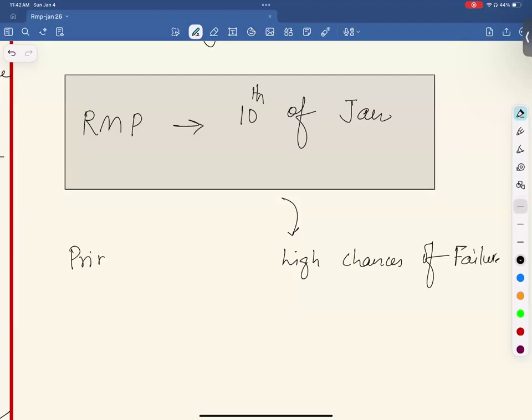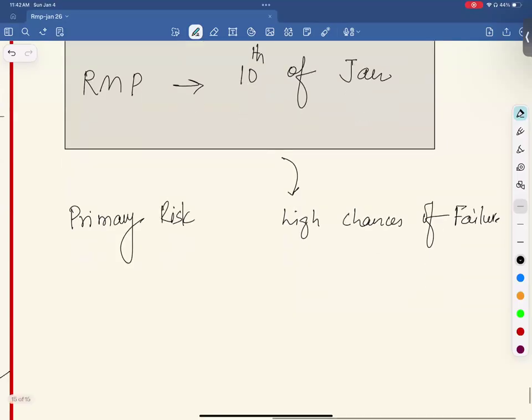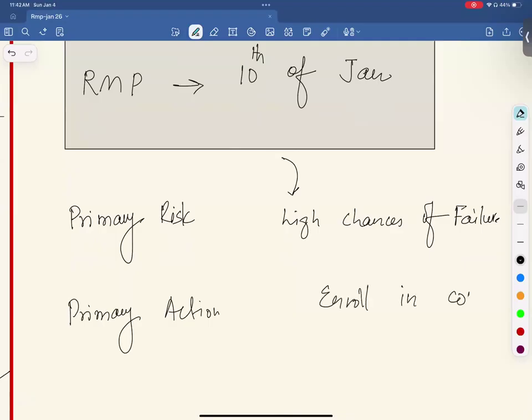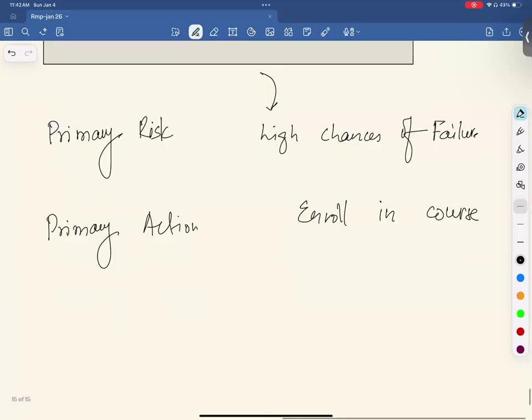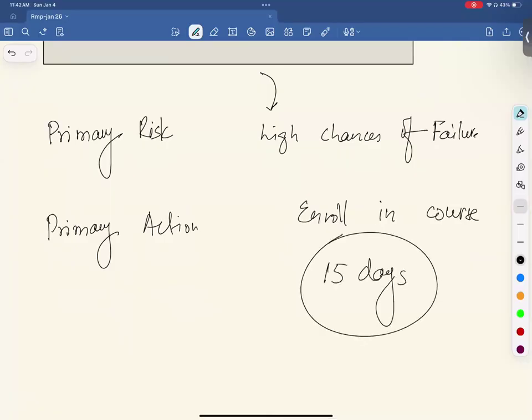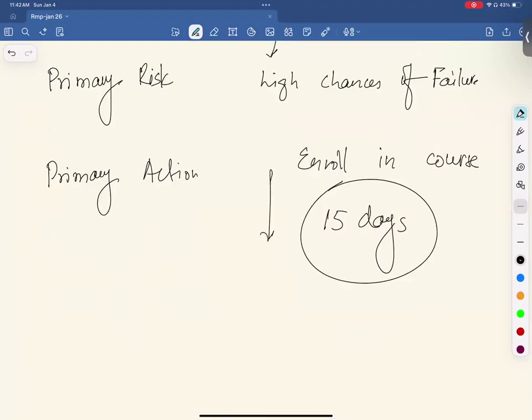This is your primary risk. In order to respond to this risk, you take a primary action, and that primary action is you enroll in my course. But when you enroll in my course, I say you need at least a minimum of 15 days to prepare. If you follow this plan, you get into another risk, and that risk is delay.